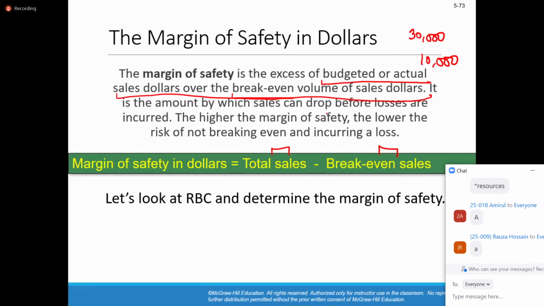So what does it indicate? It prepares you for how much of your sales can drop before you incur losses. Again, the higher the margin of safety, the lower the risk that you will reach break-even or incur a loss.